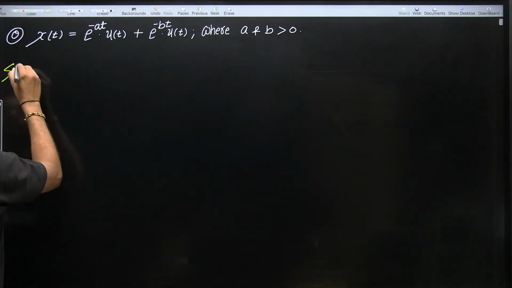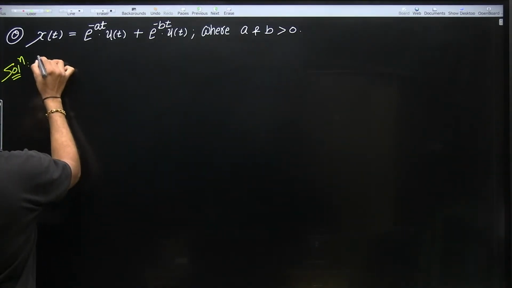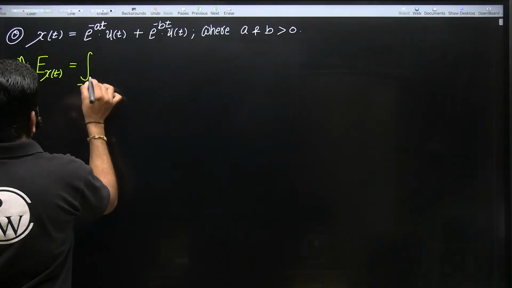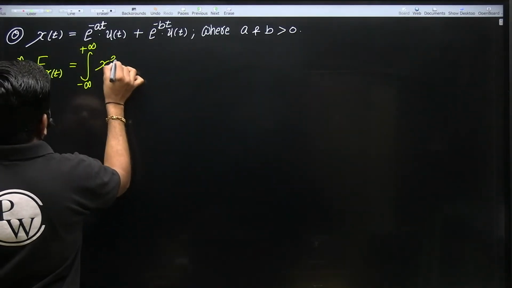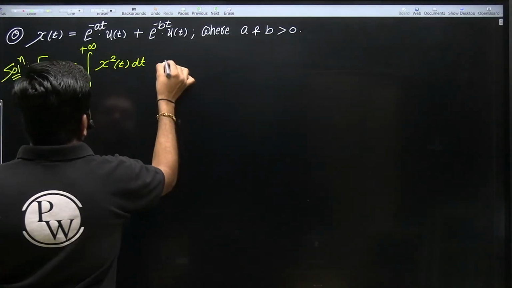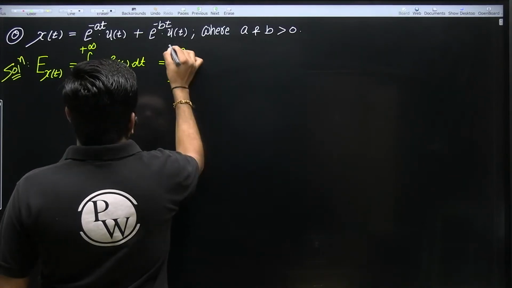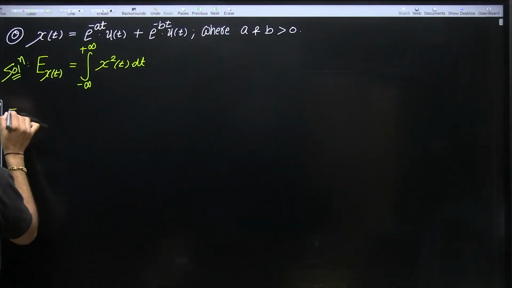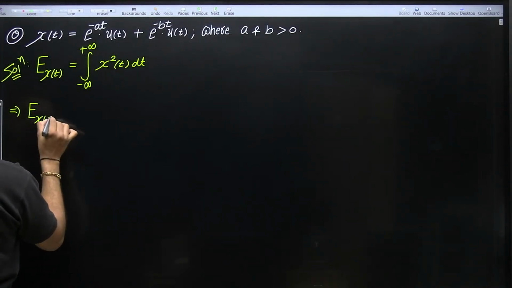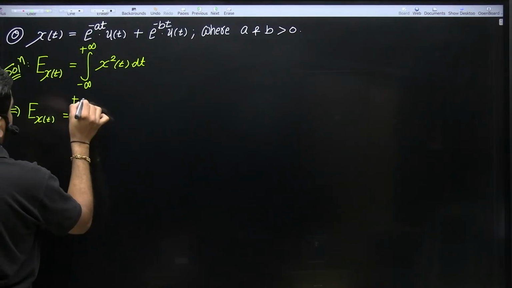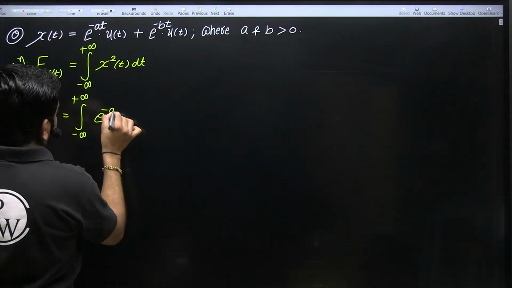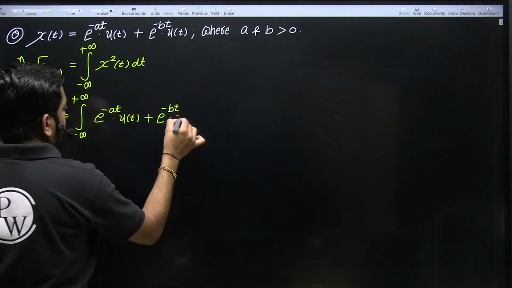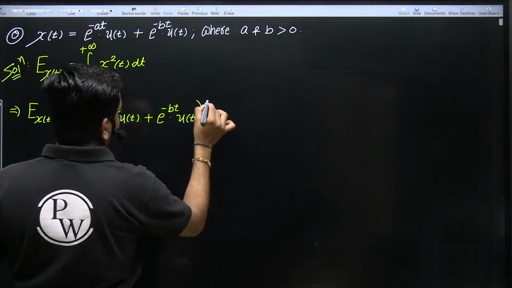The energy of x(t) is given by the integration from minus infinity to plus infinity of x square of t dt, which is equal to the integral from minus infinity to plus infinity of (e^(-at) u(t) + e^(-bt) u(t)) whole square dt.